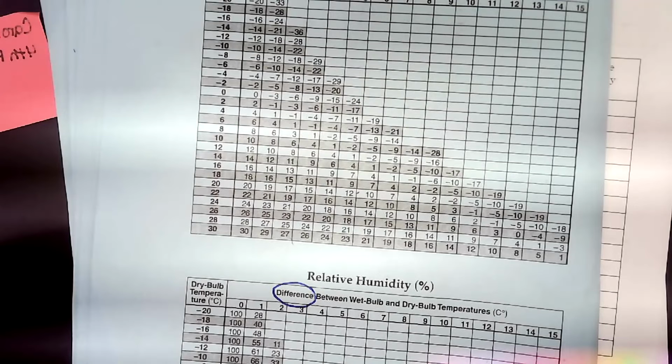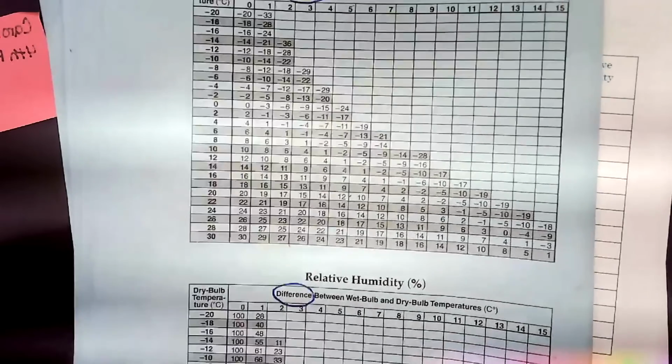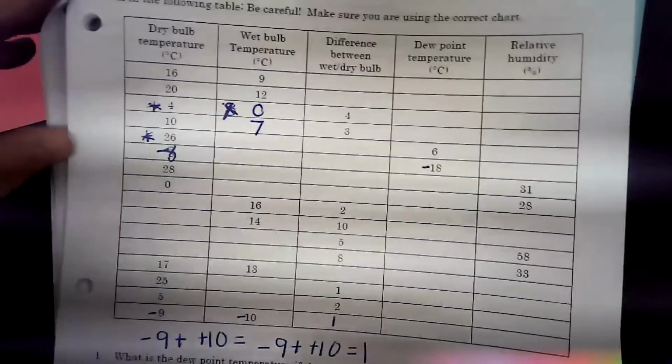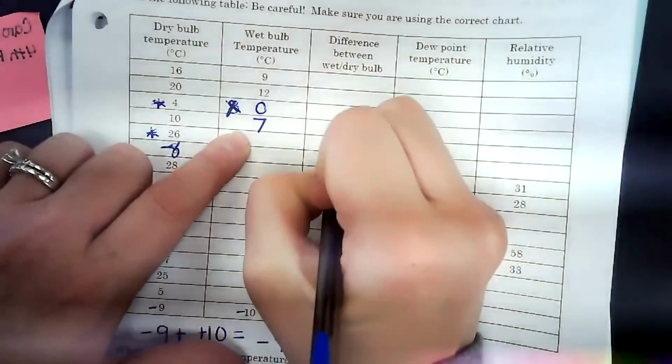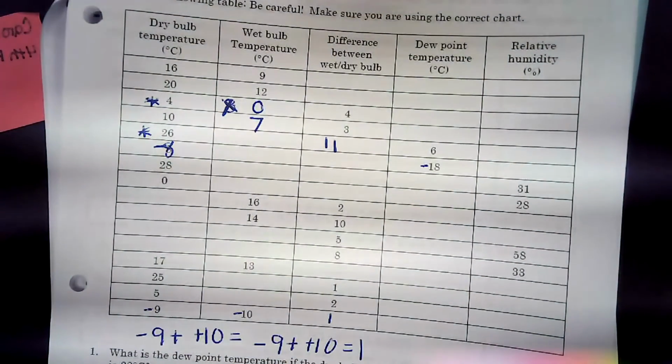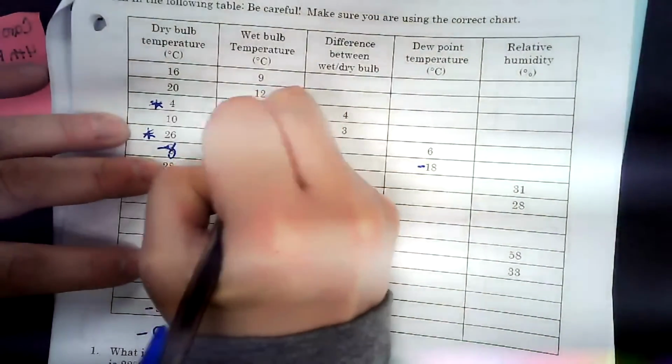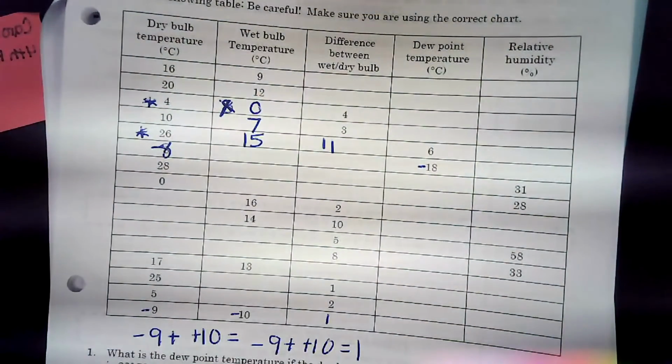Now what do I know? Now I know the difference is 11. So I can fill in the difference. So 26 with a difference of 11. 26 minus what gives you 11? 26 minus 15 gives you 11.